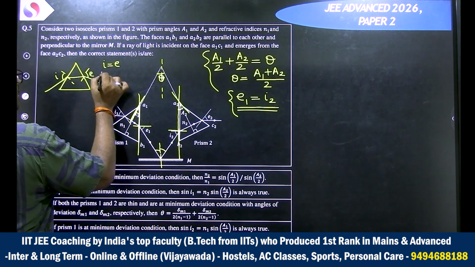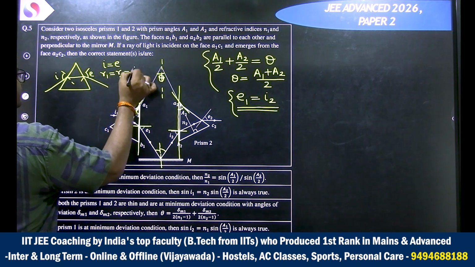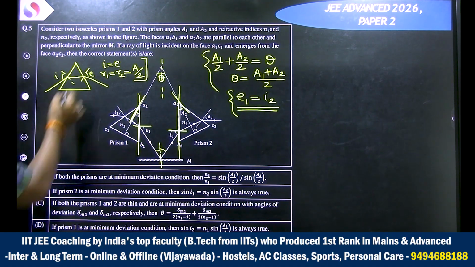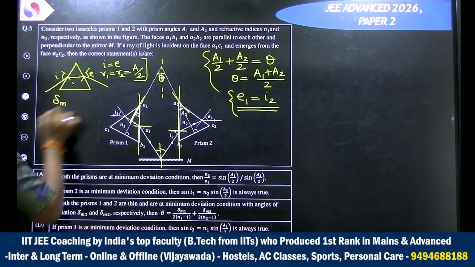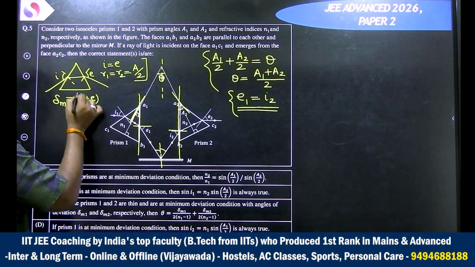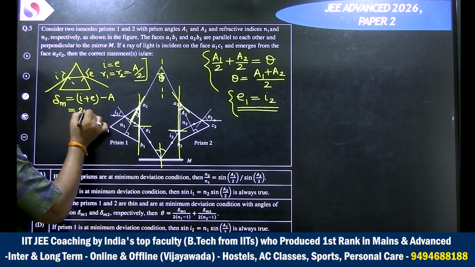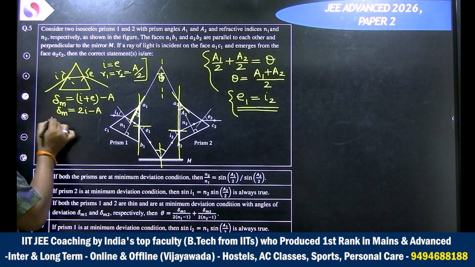The second thing is that R1 equals R2 equals A by 2, half of the angle of the prism. In that case, the minimum deviation can be found as I plus E minus (R1 plus R2), which is A, or you can say 2I minus A. This you already know.